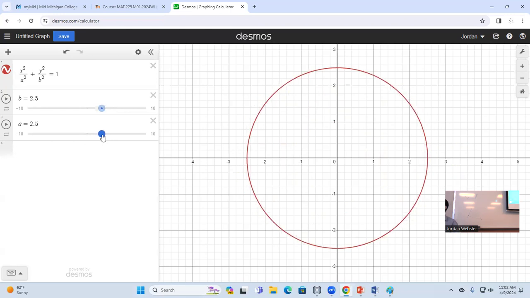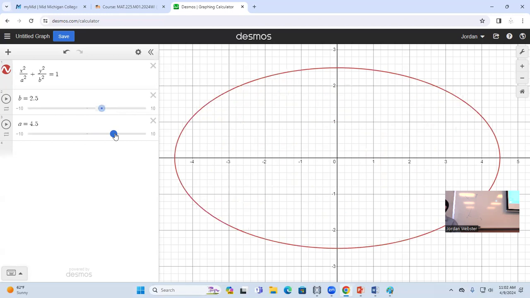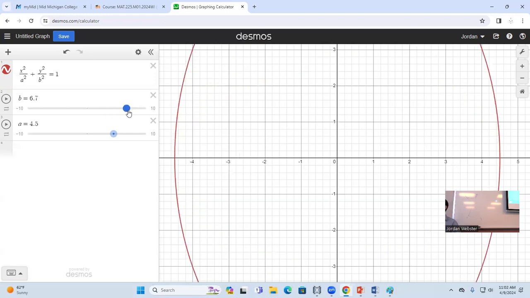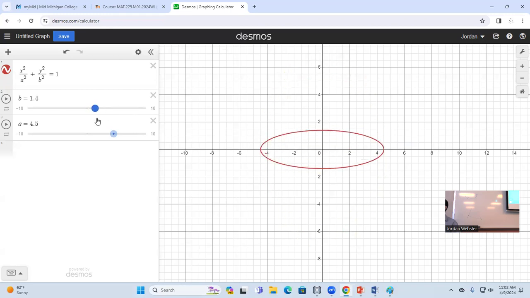When they're equal, we get a circle. But when the number under the x is bigger, it's elongated this way, left and right. When the number under the y is bigger, it's elongated up and down. And we can elongate quite a far, long way.